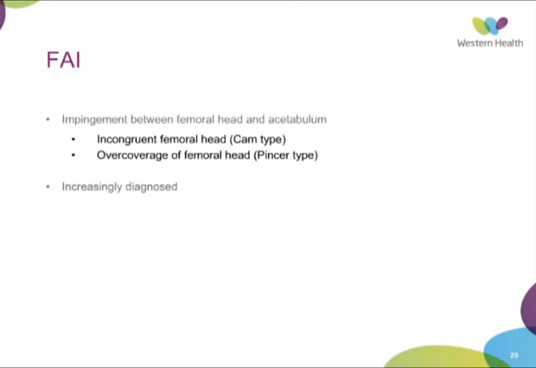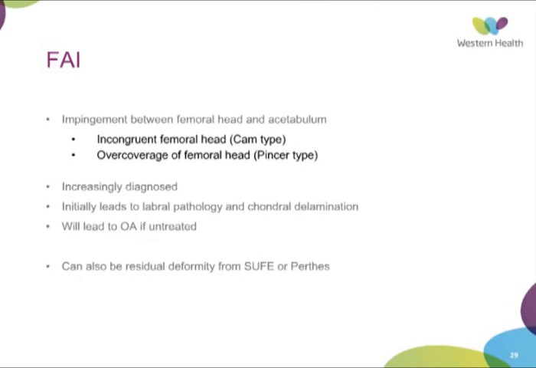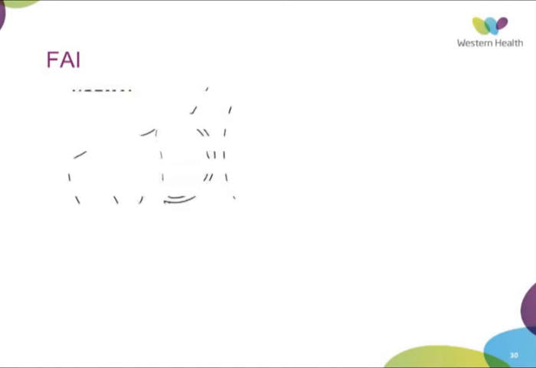This is becoming increasingly diagnosed amongst our population as we understand the condition more, and we can show that it does initially lead to labral pathology and cartilage delamination of the acetabulum, and will lead to OA if it's untreated. This can also be present in people who have previous SUFE or Perthes disease, but I'm not going to talk about them so much at this point.